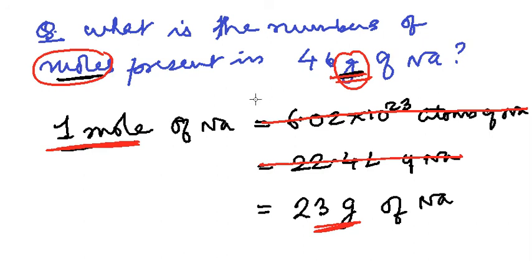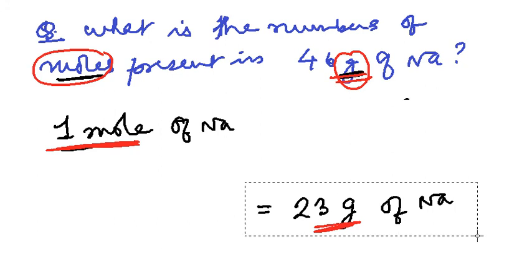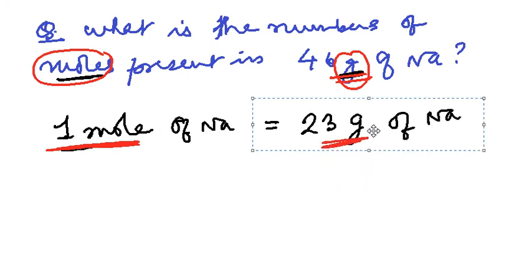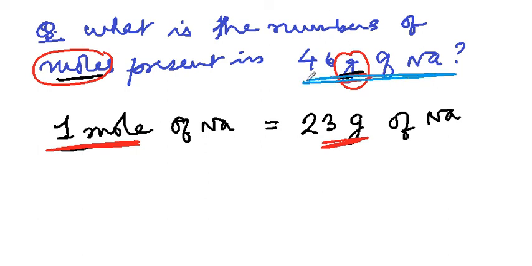Next, since we are not going to use them, let's remove them. This is what we have. Now the other point that we are going to consider is, as per the question, the value that is being provided to us is for the mass. This is given: 46 gram of sodium, the mass is provided. So what is the thing that we are supposed to find?